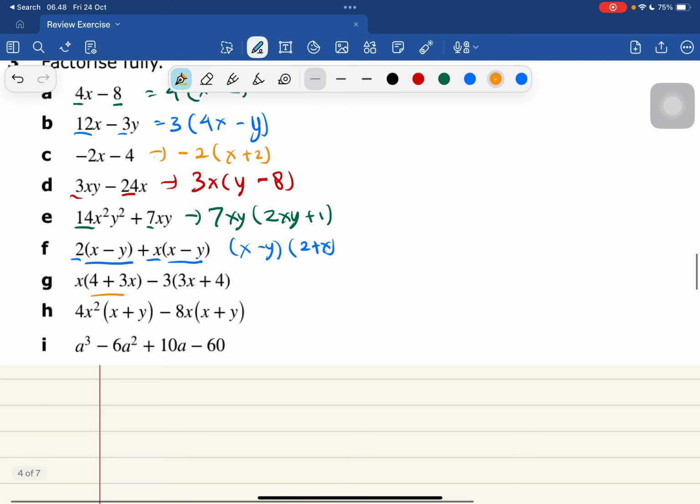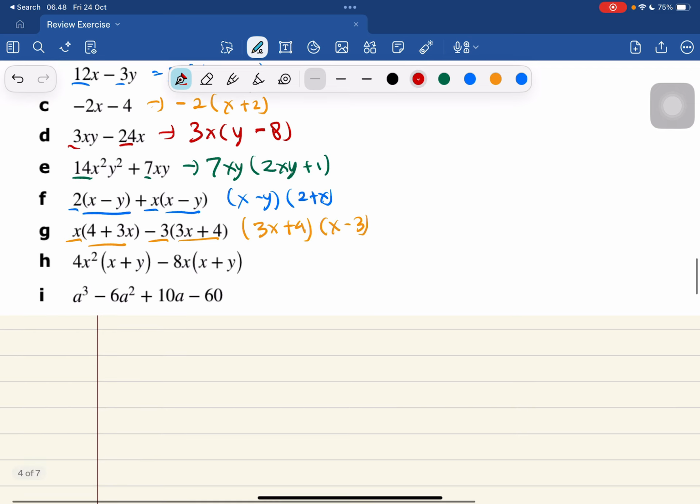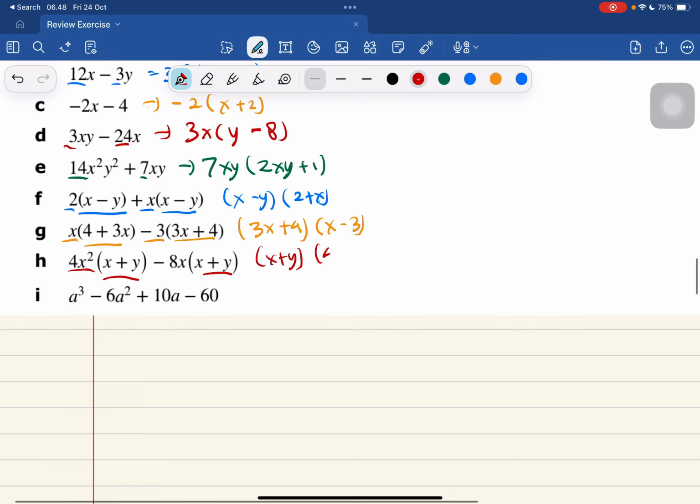Next, we got 4 plus 3x and 3x plus 4. They are equal. So we can write it as 3x plus 4 multiplied by x minus 3. Okay, there we go. This is the same thing, xy, xy. So x plus y multiplied by 4x squared minus 8x.